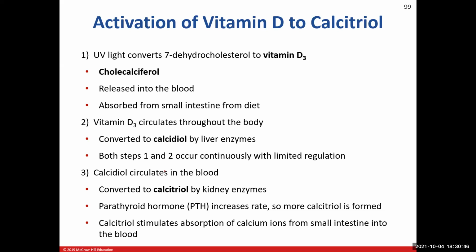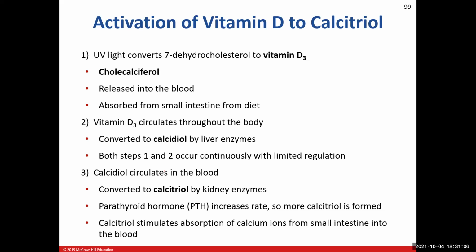So when you step out into the sun and the ultraviolet radiation strikes your keratinocytes, you start to produce cholecalciferol. All right, so cholecalciferol is going to be released into your blood, and it's going to circulate throughout your body, and it's going to travel to the liver.